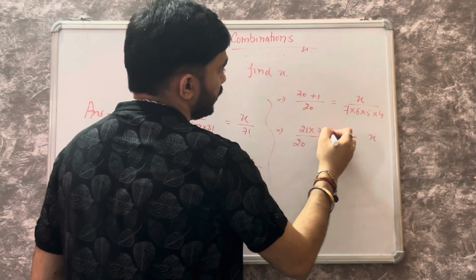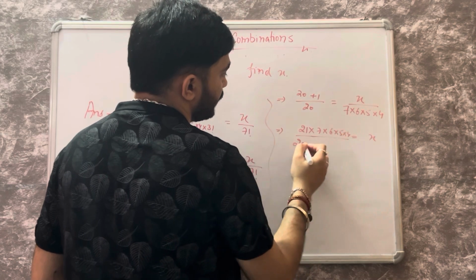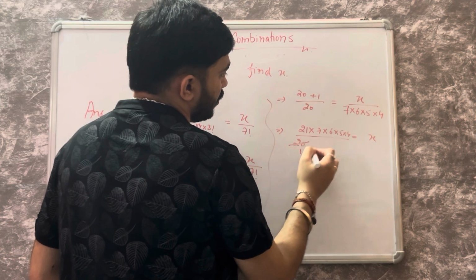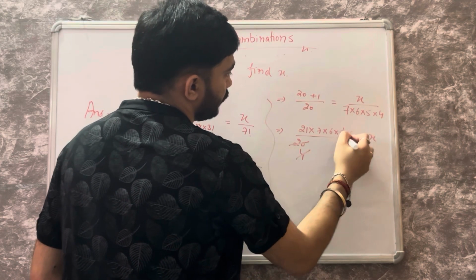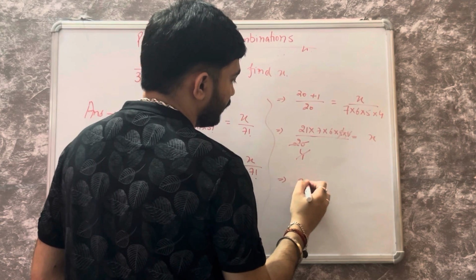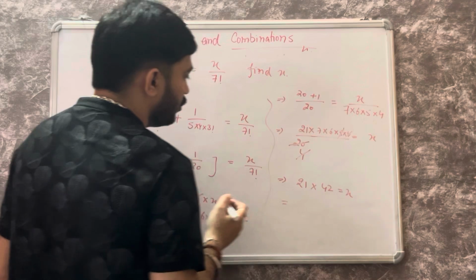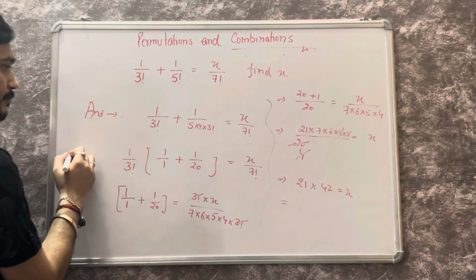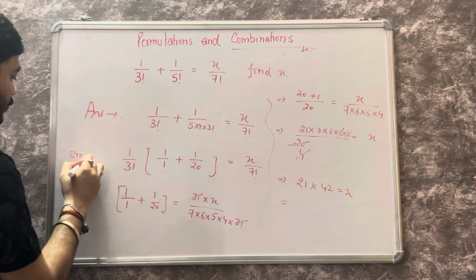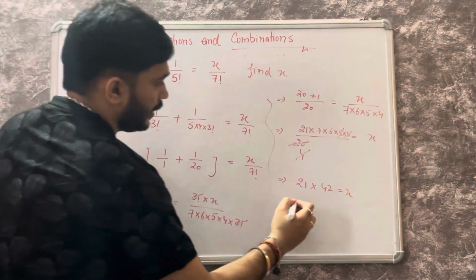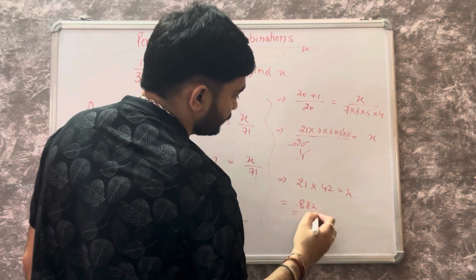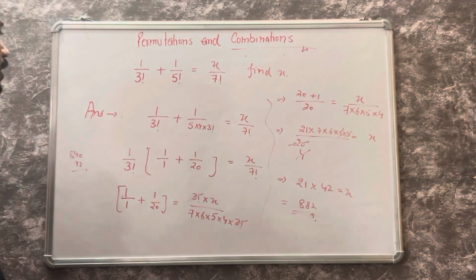So it will be 7 into 6 into 5 into 4. 5 and 4 being cut, you are being left with 21 into 42 is equal to x. So the value of this is going to be 882. Any doubt?